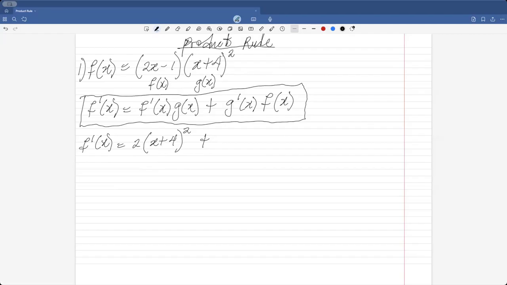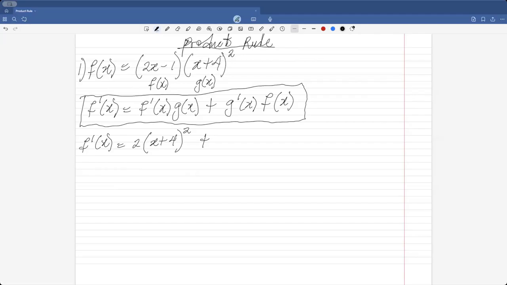The derivative of the function g(x) is nothing but what? Let's recall that g(x) is a chain rule. We can easily use chain rule to solve the function g(x). So if you're having a problem about how to find the derivative of a function using chain rule, kindly view my previous video on chain rule.